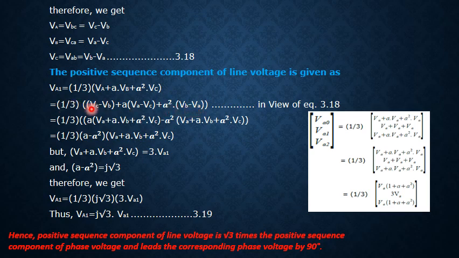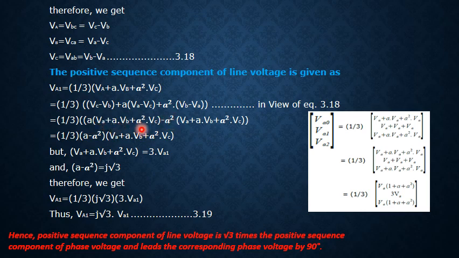So further, what can be done now? Multiply each bracket and simplify it further. If we multiply and simplify, we are going to get this equation. From that, I'm going to take A as common for one term, and minus A square as common for another term.